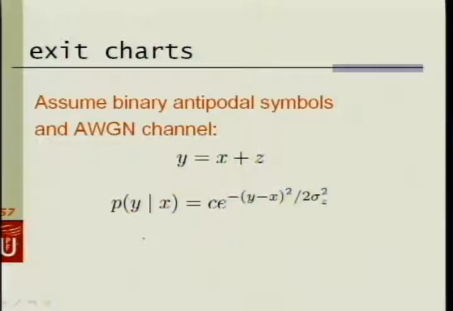Consider a transmission of a binary antipodal signal on an additive white Gaussian noise channel, x plus noise. So the probability density of y given x is the density of the noise with mean x. So we have a constant, and a relevant constant, e to the minus (y minus x) squared, divided by 2 sigma squared, the variance of the noise.